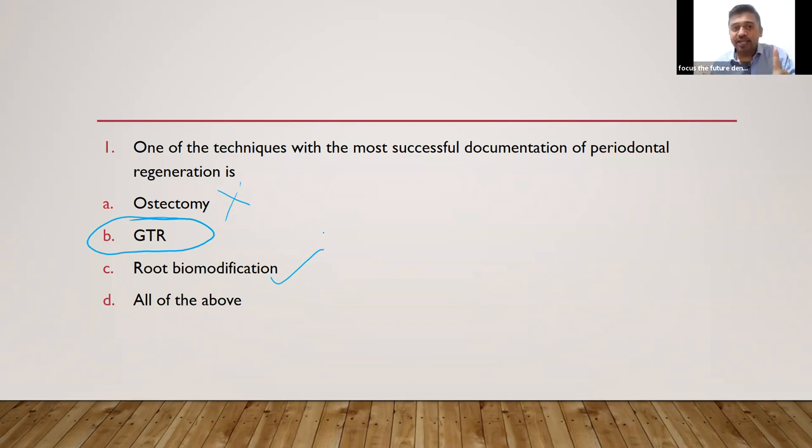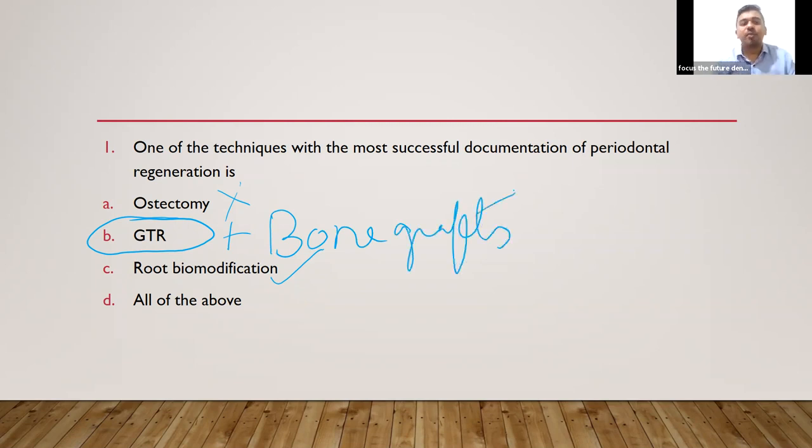There are only two techniques documented to have the most successful periodontal regeneration: GTR and bone grafts. These two have been the most commonly associated with successful documentation of periodontal regeneration. Question number 1, answer is GTR, B.